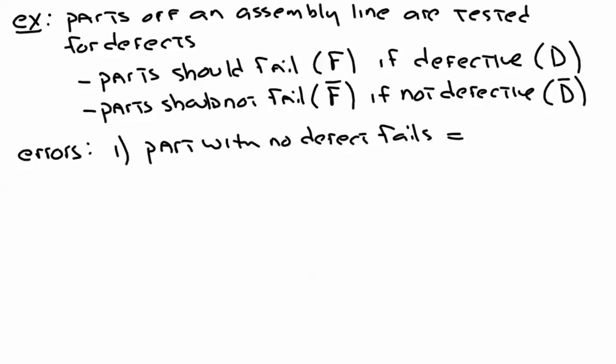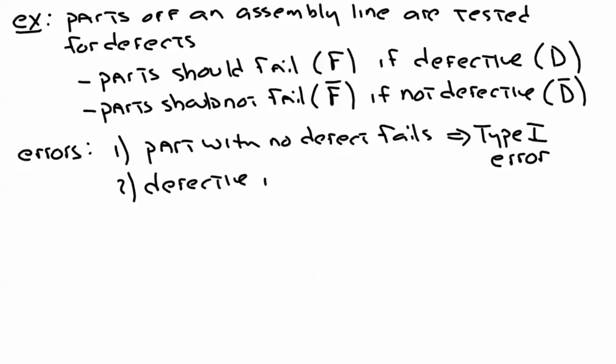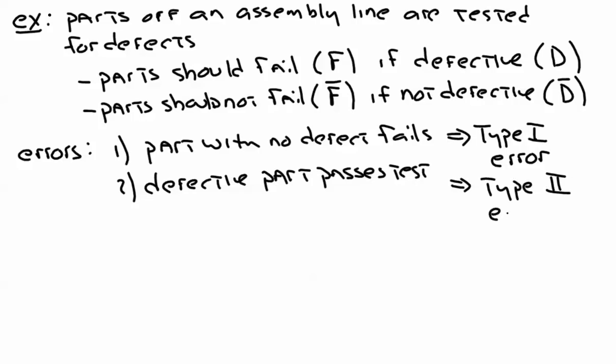This is called a type 1 error: a non-defective part fails the test. The second type of error is that a defective part might pass the test. This is known as a type 2 error.